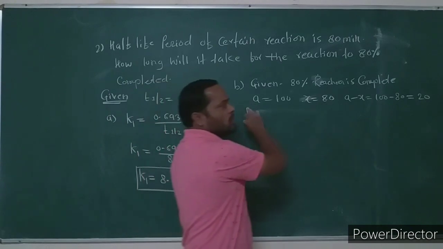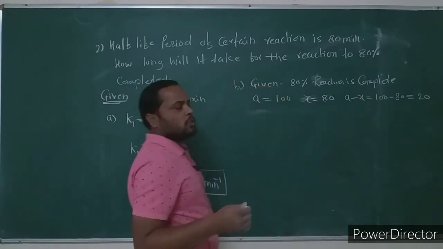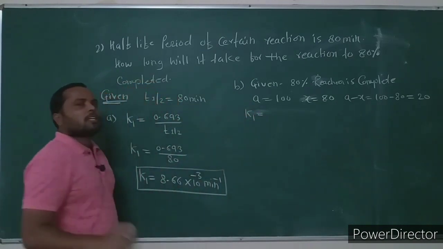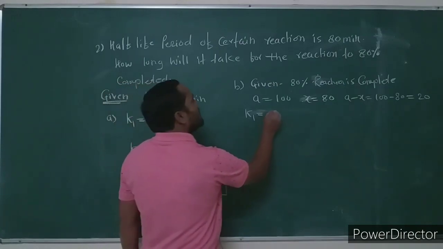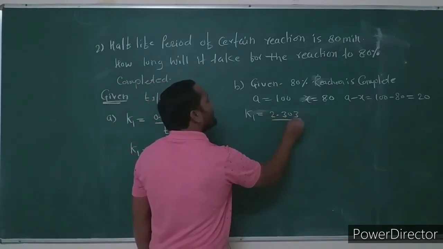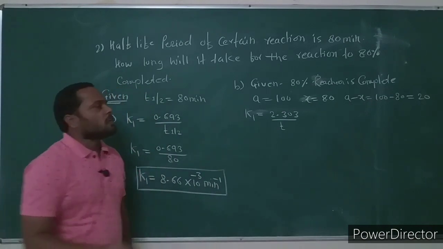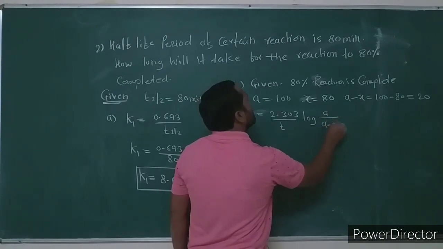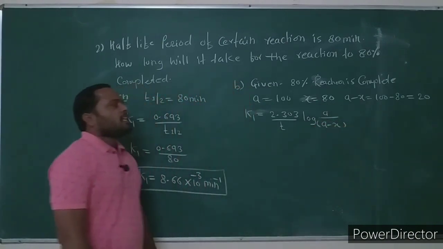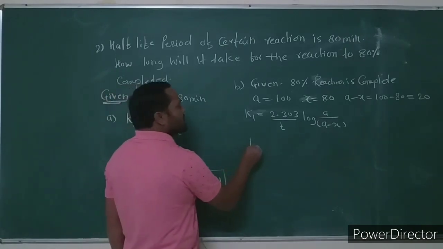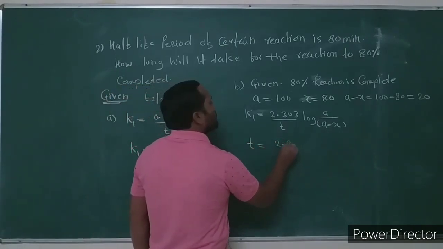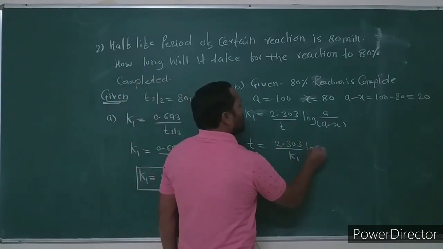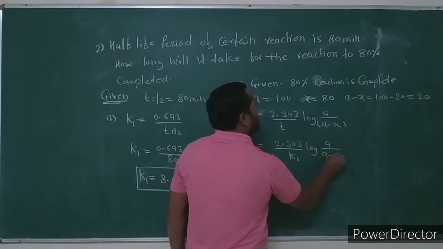If A and A minus X are known, and the rate constant is known, then we can determine the time required for completion of 80% of the reaction by using the integrated rate equation of a first order reaction. K1 is equal to 2.303 divided by T log A upon A minus X. Then T is equal to 2.303 divided by K1 log A upon A minus X.